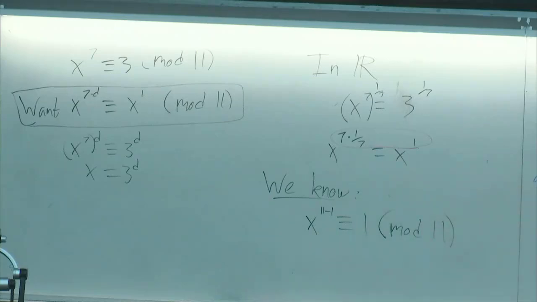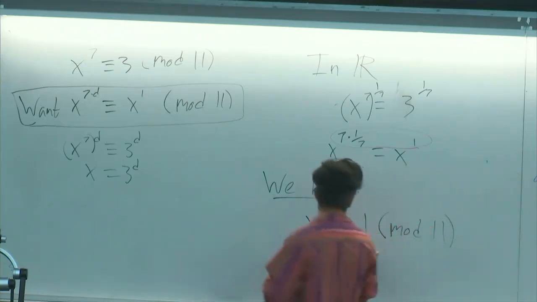Why? Well, that's just what Fermat's little theorem tells us. Right? This is the tool we have so far. We can raise something to the p minus 1 power and have it be congruent to 1 if we're dealing with a prime. And we're dealing with a prime. So this is what we have in our toolkit so far.